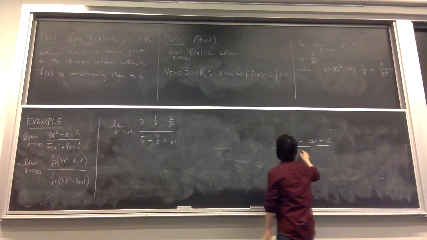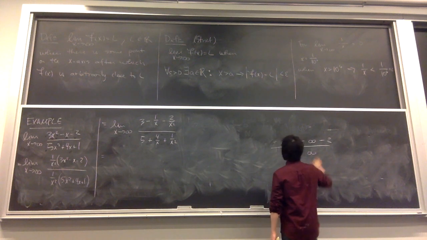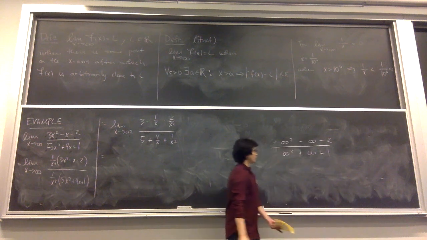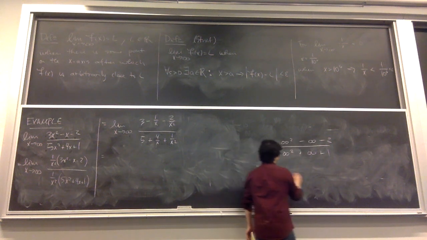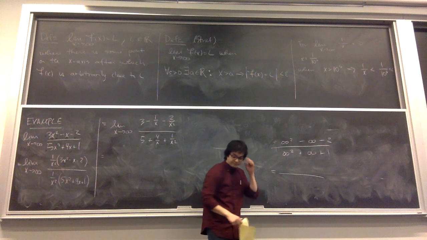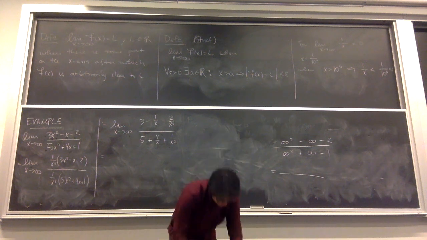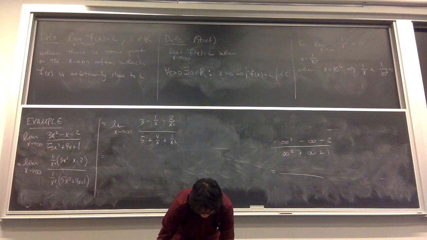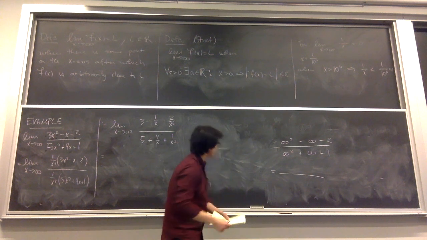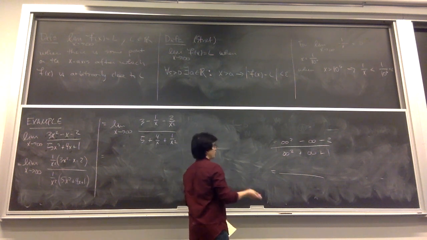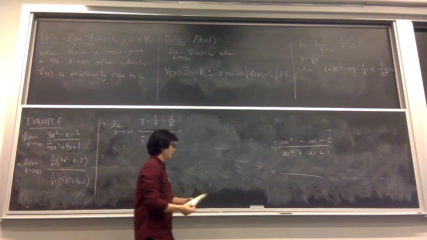So if I take infinity and I square it, I could have sworn I had a whole list of these things. Maybe I missed out on it. There should be some definitions that I missed out on, but we'll talk about them.